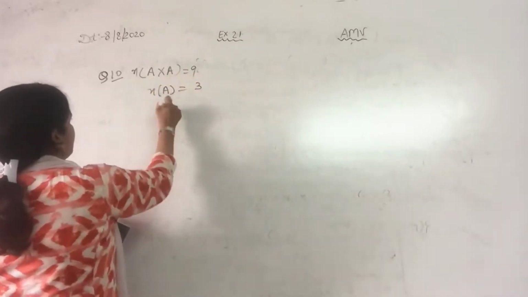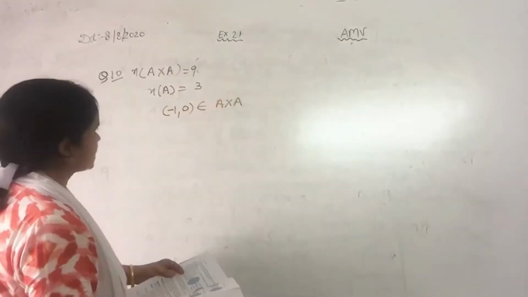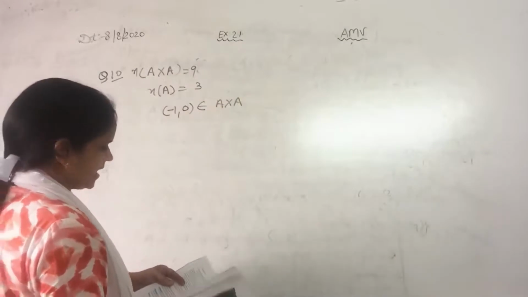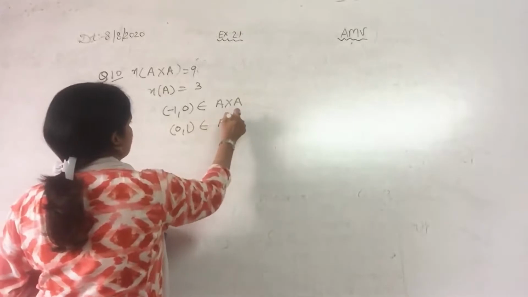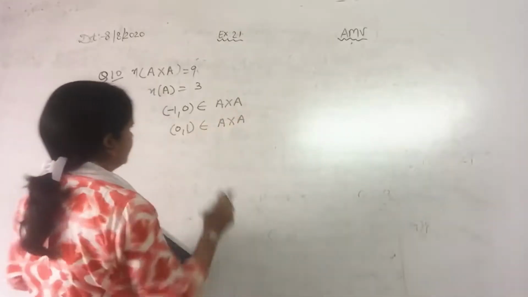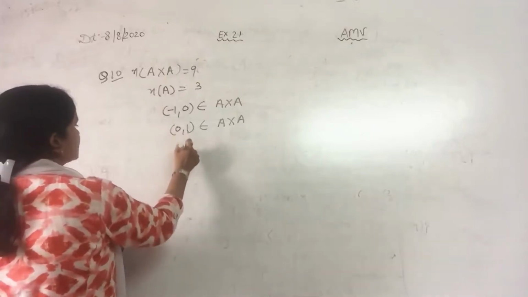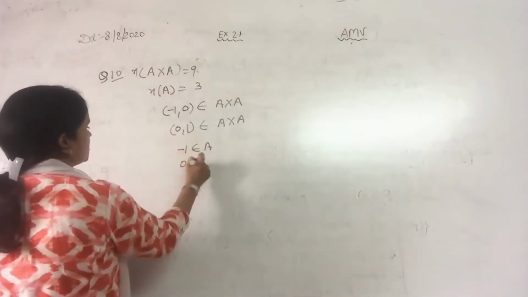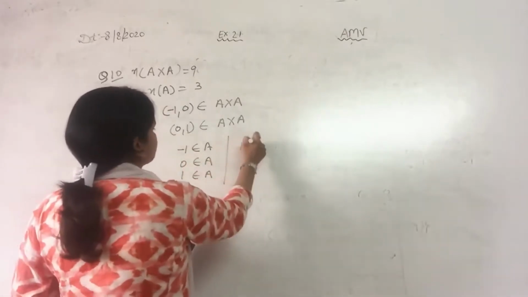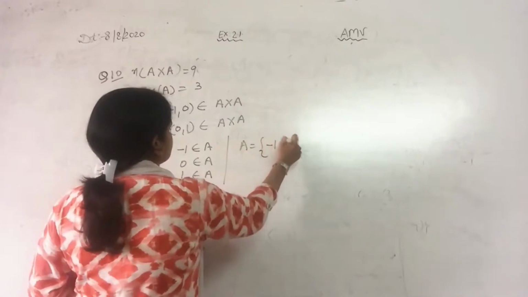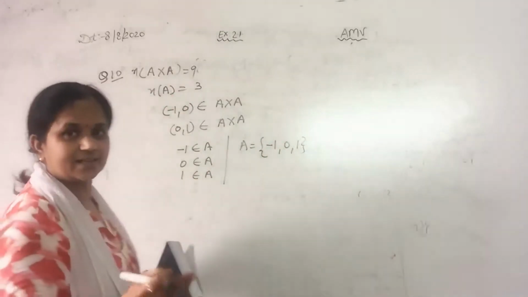Here (-1,0) belongs to the Cartesian product A×A, and (0,1) also belongs to the Cartesian product A×A. So students, it means element -1 belongs to A, 0 also belongs to A, and 1 also belongs to A. So set A is {-1, 0, 1}.